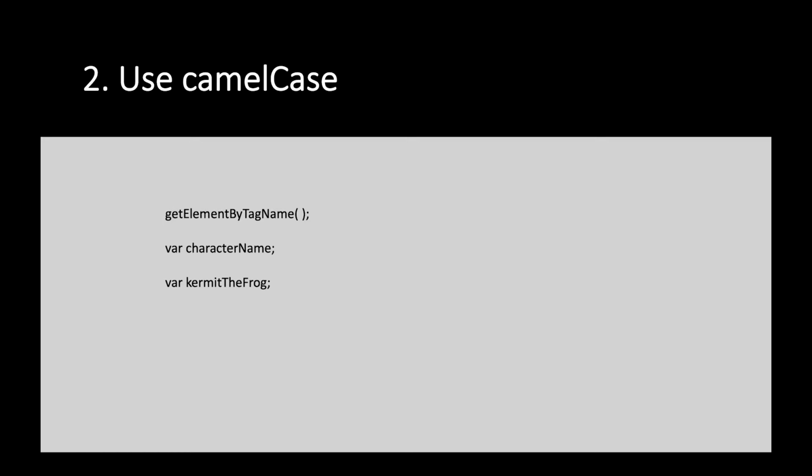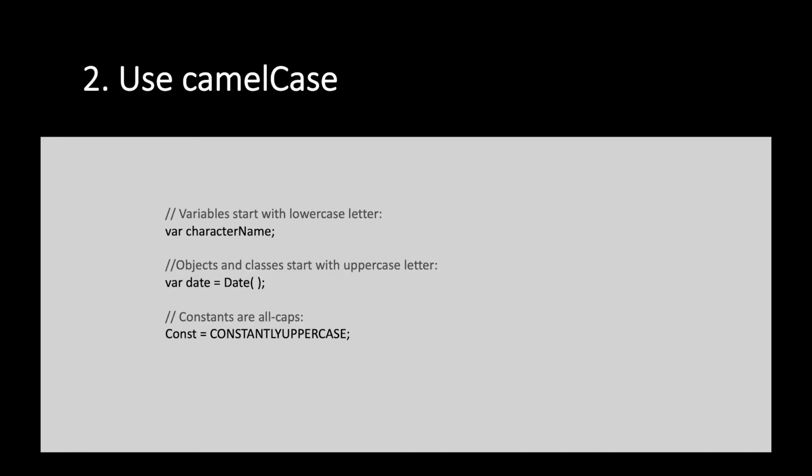You get the drift. The general rule is to start variable, function, and method names with a lowercase letter, classes and object names with a capitalized letter, and constants typically are all caps. Follow these naming conventions and your script will be consistent with what other developers are doing.